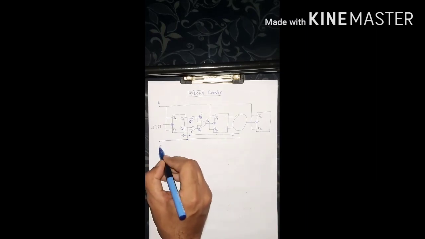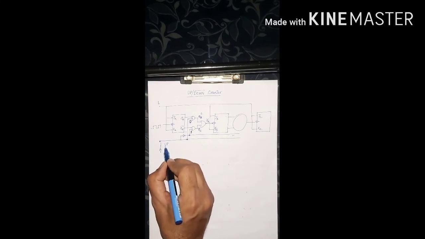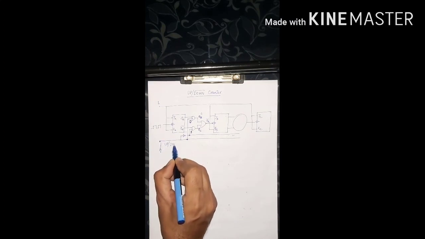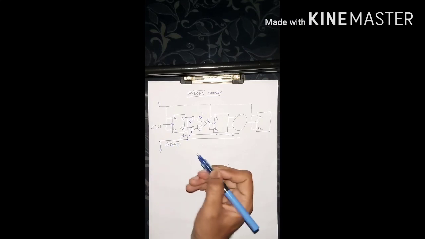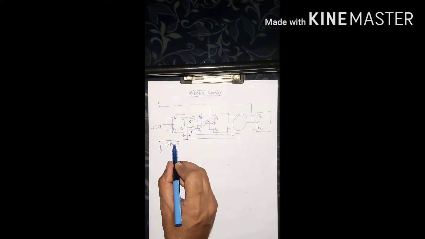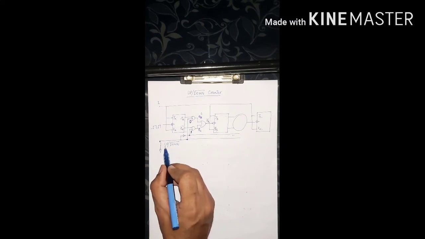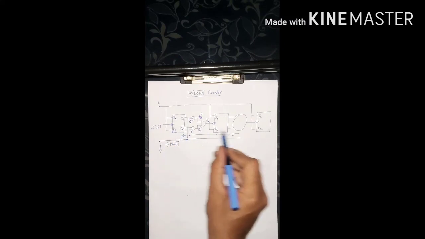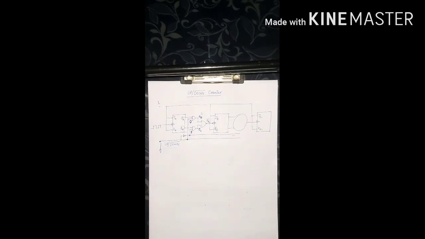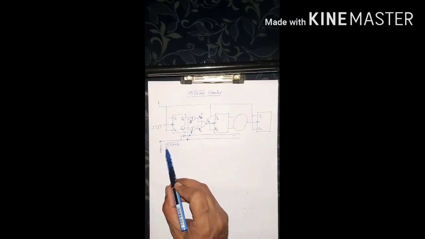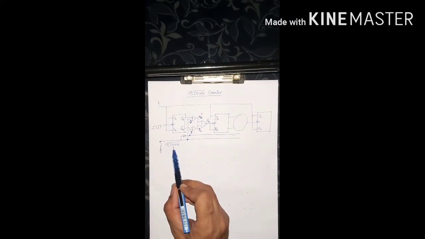This terminal provides up counting when it is 1 and down counting when it is 0. So for this I put a complementing bar on it. So this terminal will control whether this circuitry, a 2-in-1 circuit, works as an up counter or a down counter.